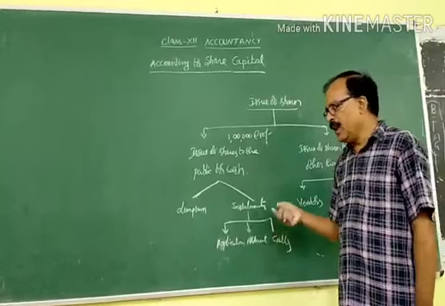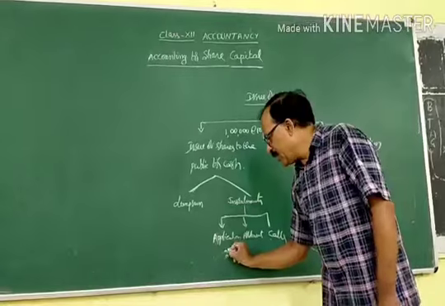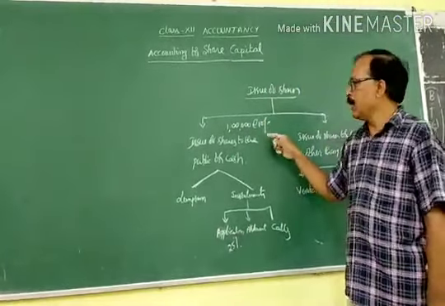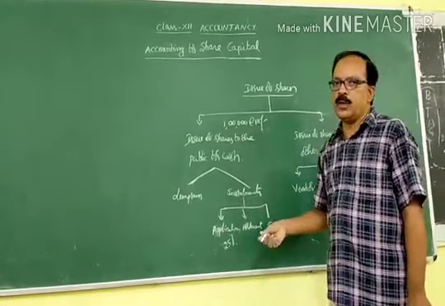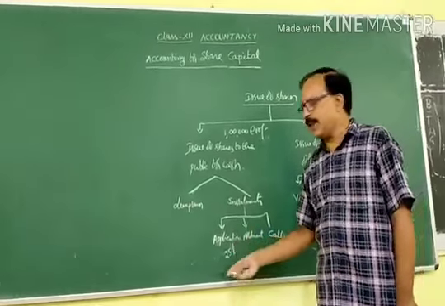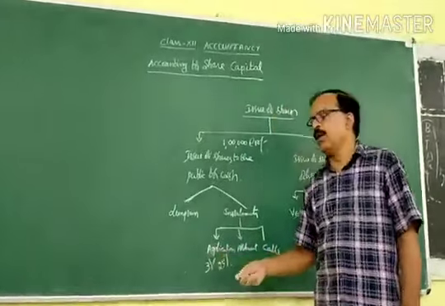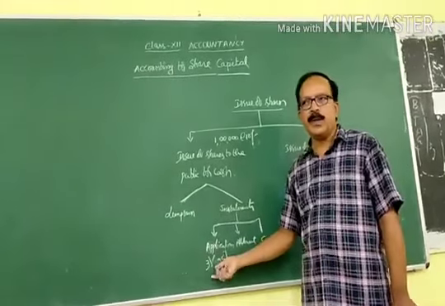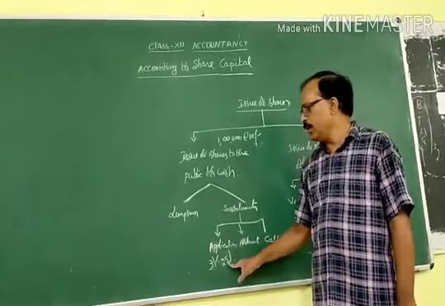But there is one rule: the application amount should not be less than 25% of the share value. If the share value is 10 rupees, 25% of 10 rupees is 2 rupees 50 paise, so the application amount is a minimum of 2 rupees 50 paise. But generally companies may demand 3 rupees from the members. This is one of the legal rules.